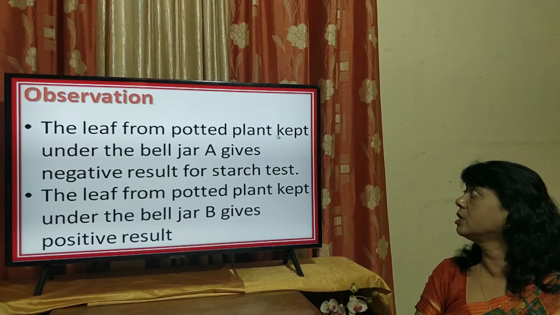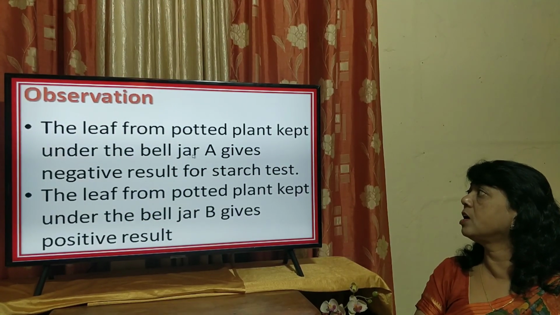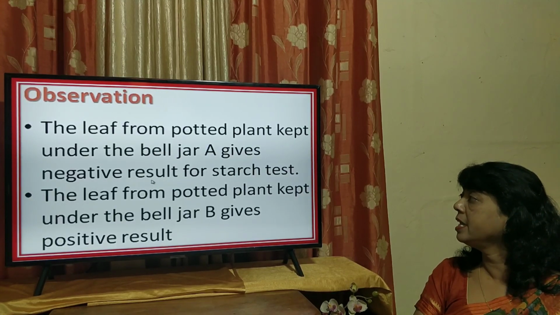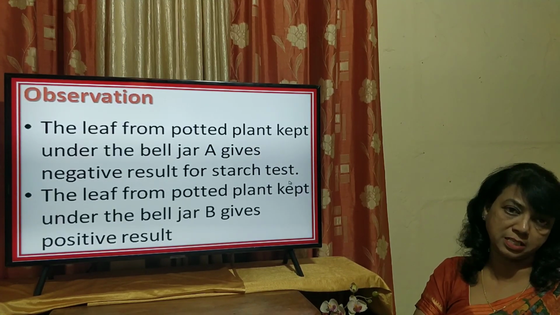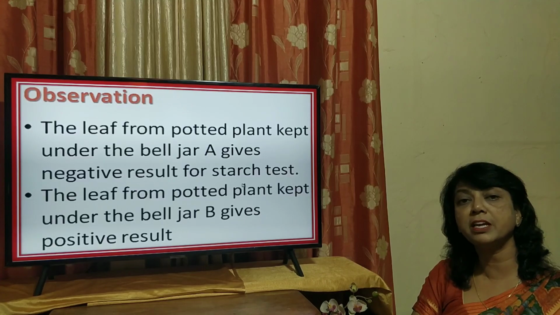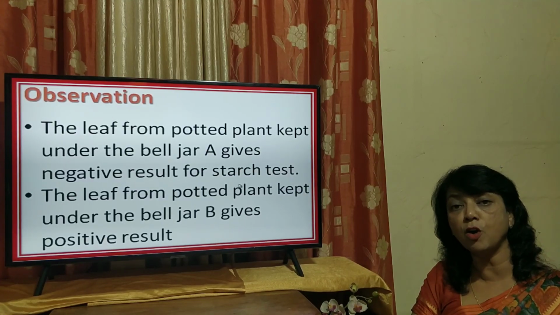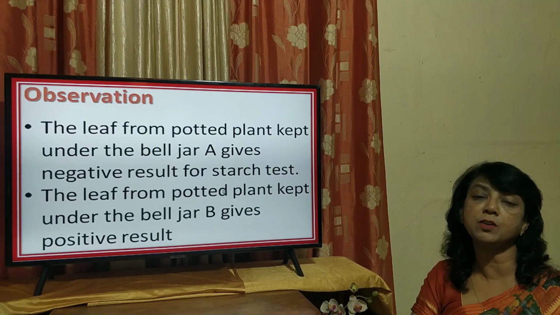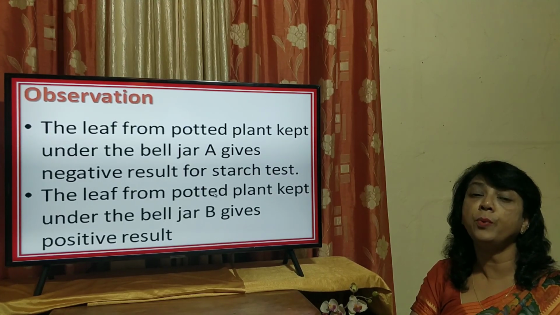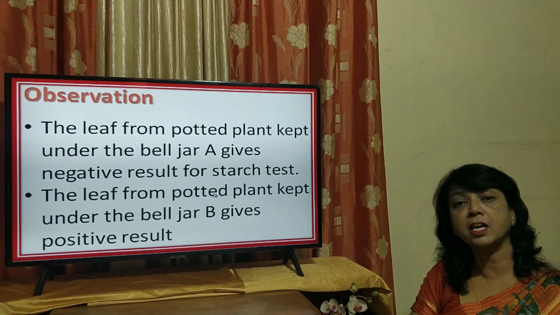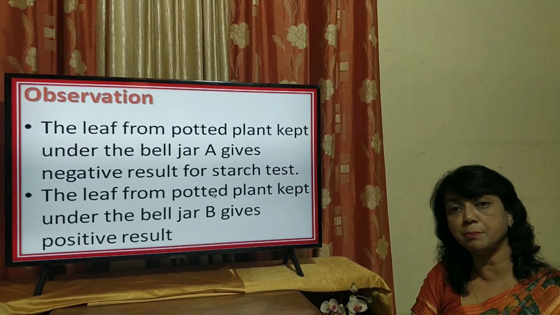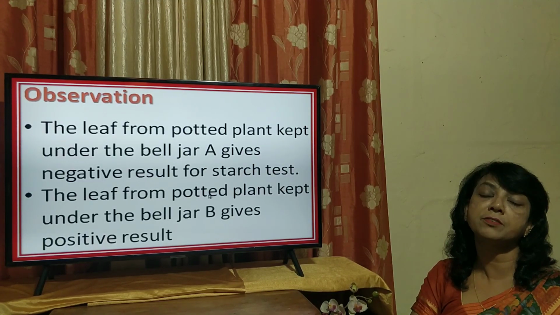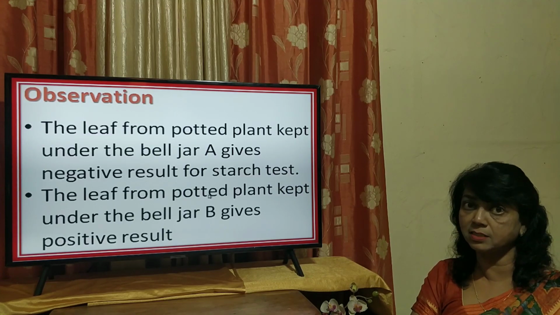The leaf from the potted plant kept under bell jar A gives a negative result for the starch test. It will give a negative test because KOH absorbs carbon dioxide, and when there isn't any carbon dioxide inside the bell jar, the plant will not be able to photosynthesize.